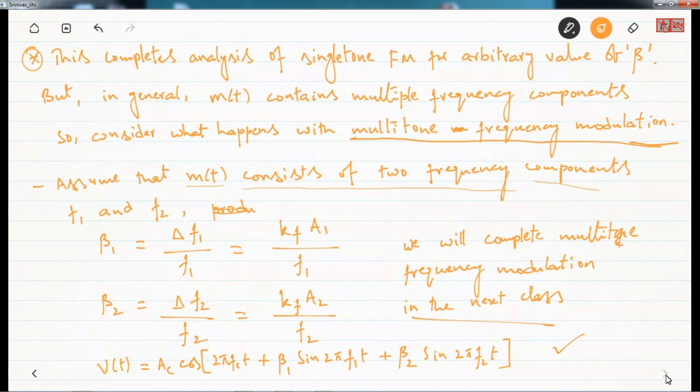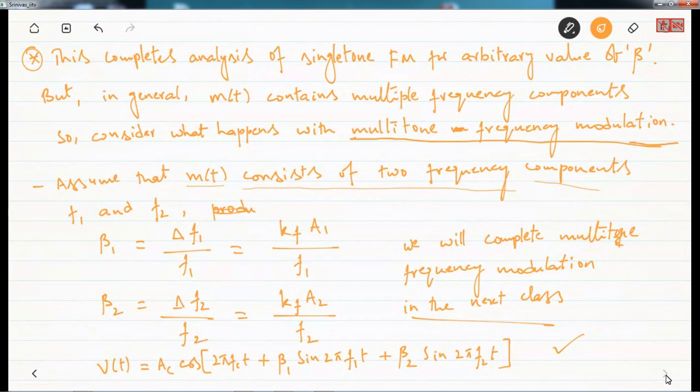Now we want to analyze this signal: what the side frequencies are, its spectrum, and its bandwidth, in the sense of how much frequency range it occupies and what frequencies are present.